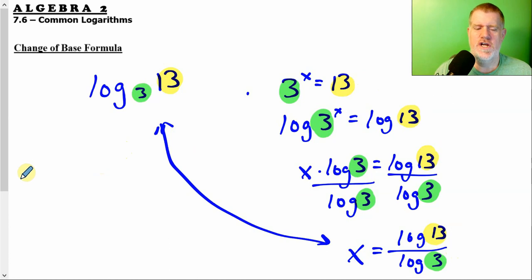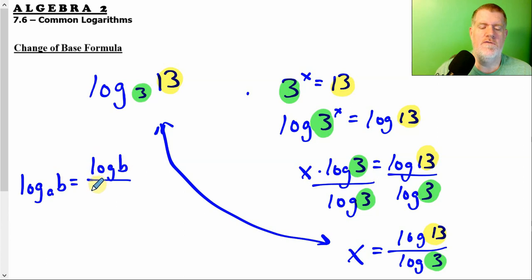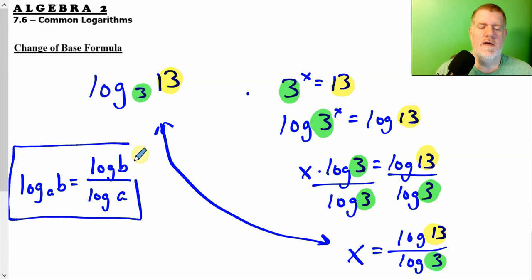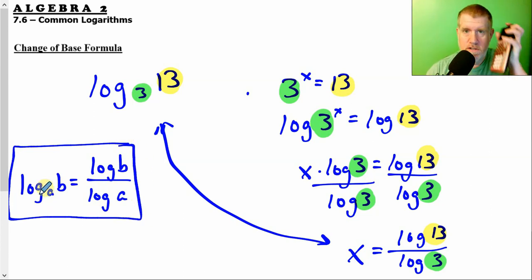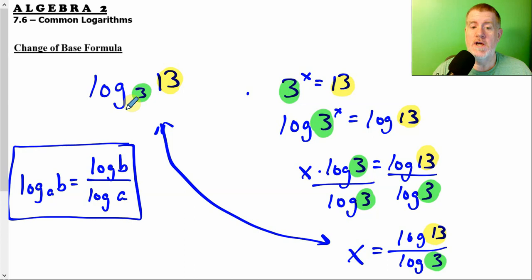So here's your change of base formula, okay? You do the log of b divided by the log of a. That way you can actually calculate it on your calculator, because your calculator most likely does not have a spot to put log base 3. Some calculators do.